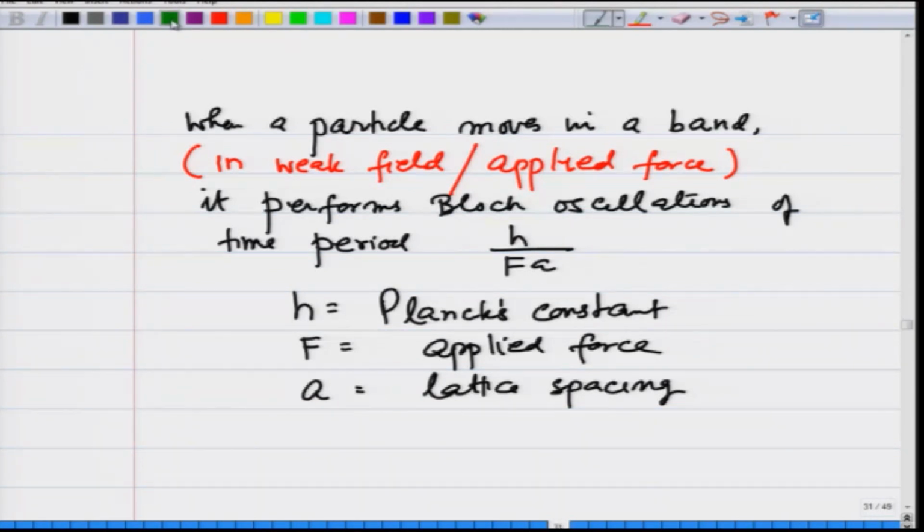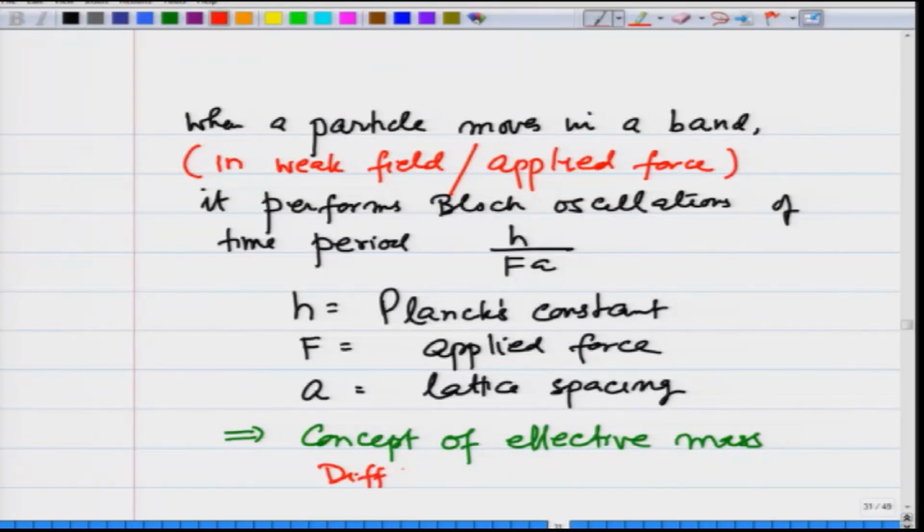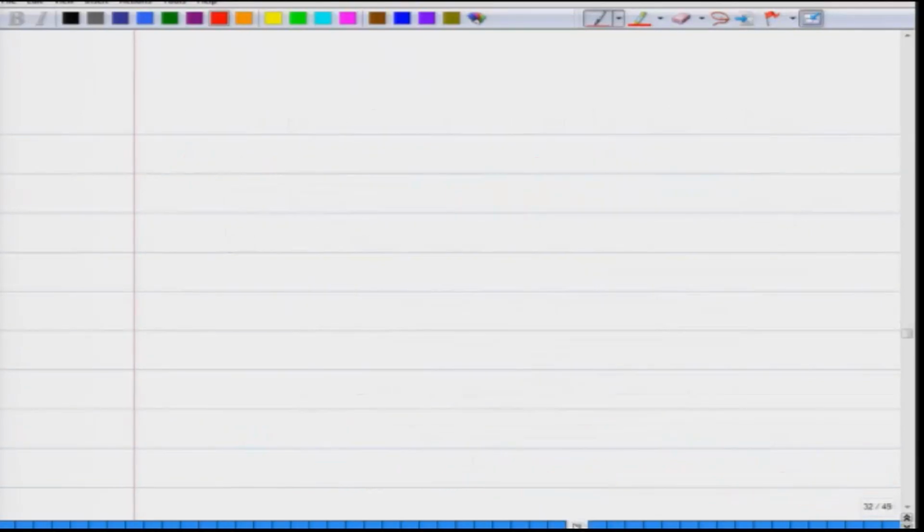Now, this also leads to the concept of effective mass in a band, which is different from the mass of the particle. And let me show you how.